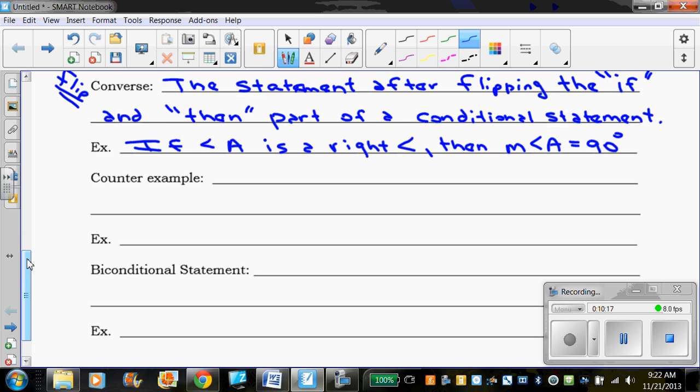A counterexample, it's a specific case that shows a conjecture is false. So it's literally the proof that your logic is wrong. So it's a specific case that shows a conjecture or conclusion, right?